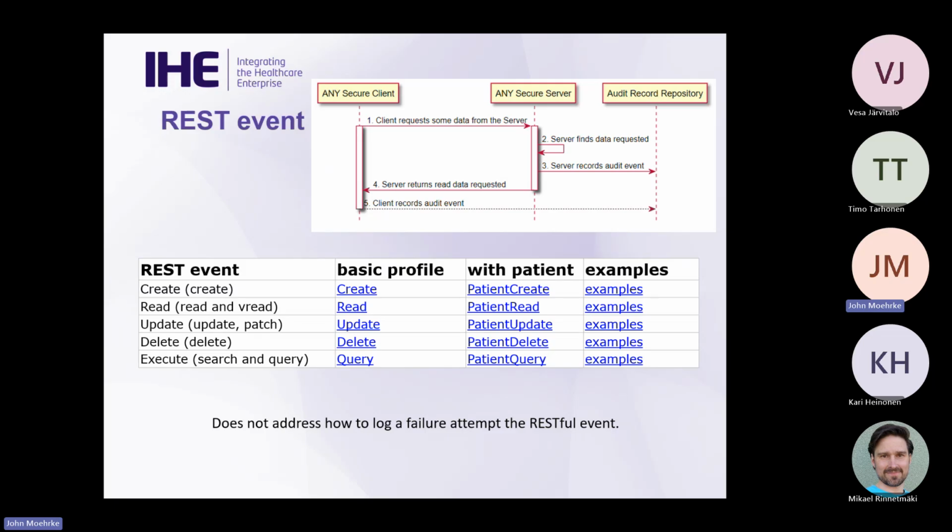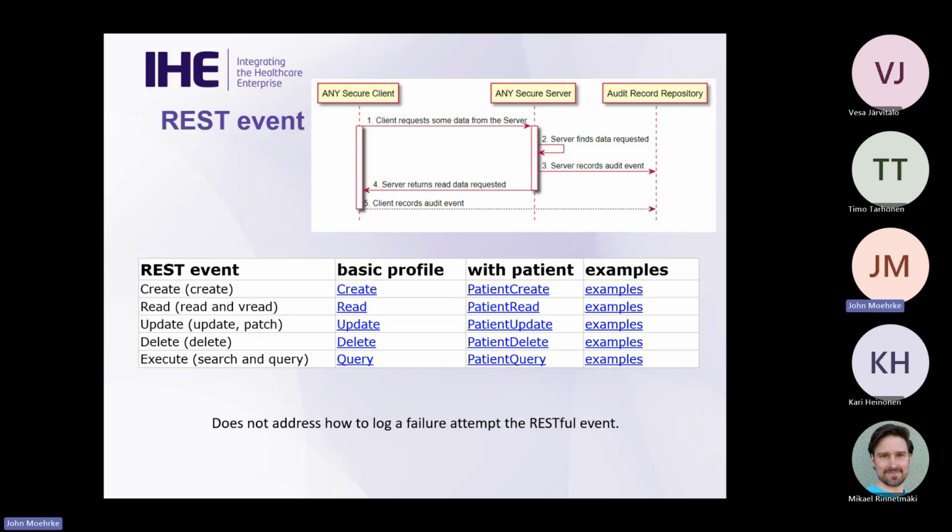One of the things that people have confused, and I apologize, tables need to be somewhat succinct, is that "with patient" has been misinterpreted as meaning that the user is the patient. And "with patient" is actually when the subject is a patient. So that's the distinction between column 2 and column 3.